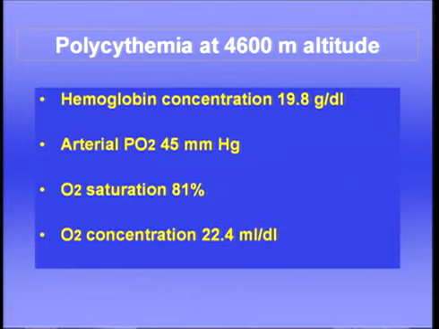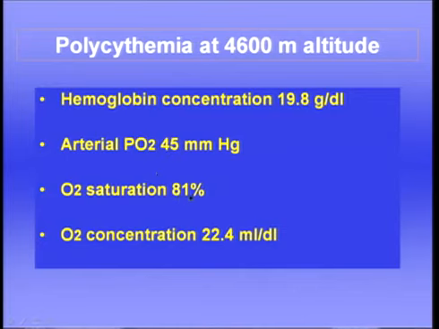There are people in the Andes who live at this altitude, and they've been extensively studied. And it turns out that the polycythemia has increased their hemoglobin concentration from the normal value of about 15 grams per deciliter to 19.8. Very big increase. Now they have a very low arterial PO2, only 45 against ours at sea level, around about 100.